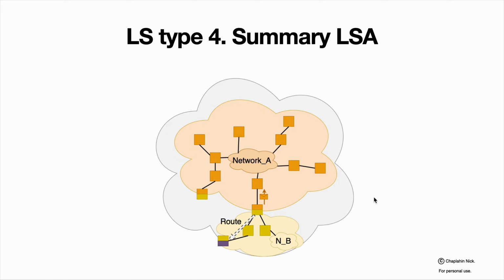Routes to autonomous system boundary devices are LS type 4. They are also sent within some area, so each device participating in this area knows the route, knows the device that is the boundary to the autonomous system and can manage the route.